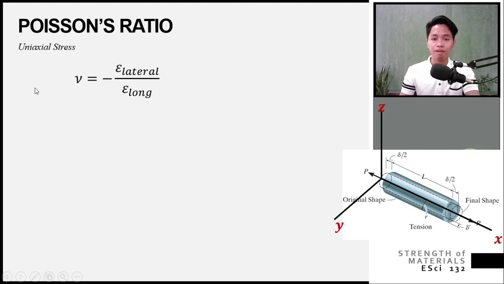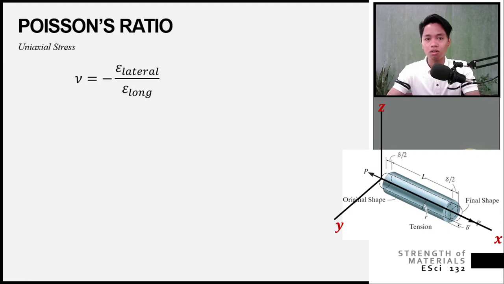So, let us derive the formula on how to solve the deformation or the strains on all the axes. Alright? In X, Y, and Z axis. So why is it important to solve for the strains? Because if you have the strains, you can visualize the change in dimension.